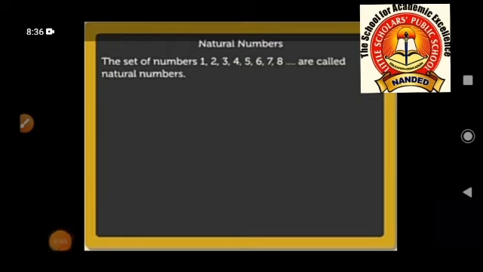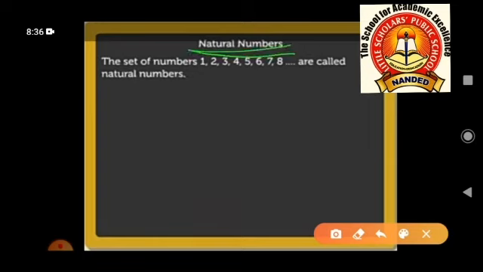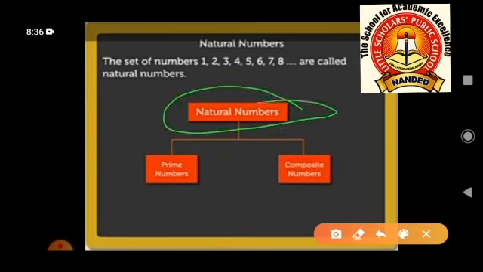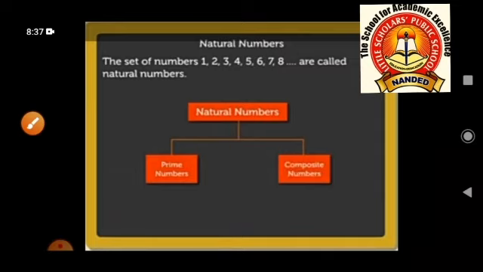Getting it, students? In these natural numbers, two more kinds of numbers are diversified: prime numbers and composite numbers. Now we have come to the actual part of our lesson, the prime numbers and the composite numbers.